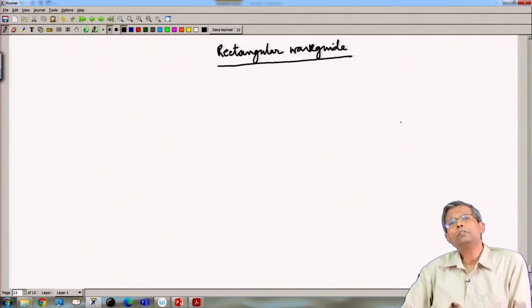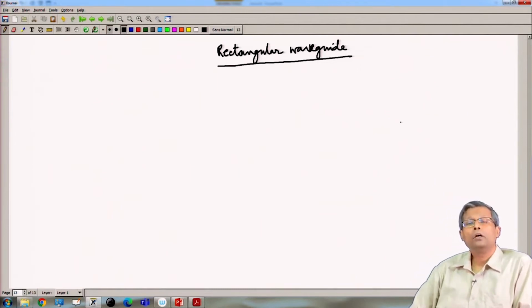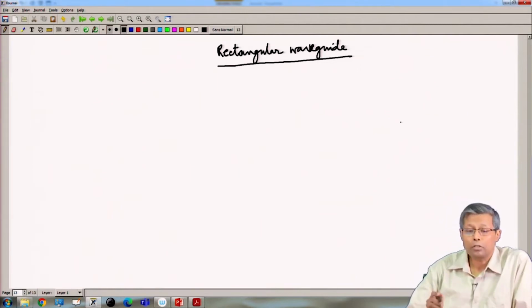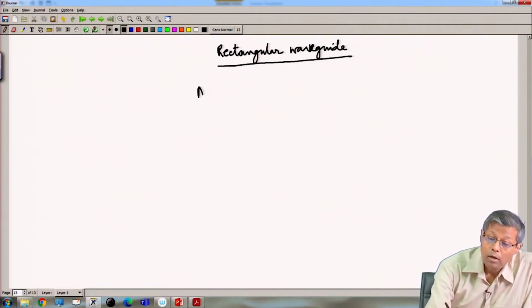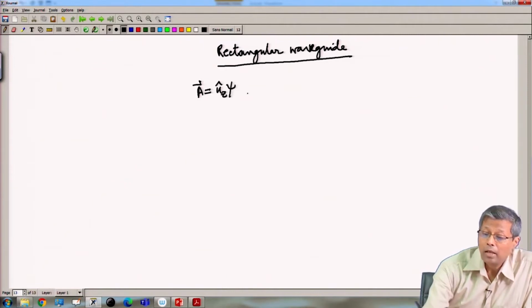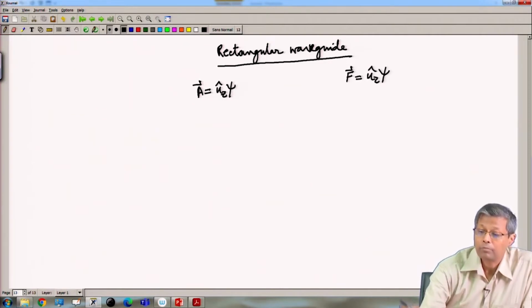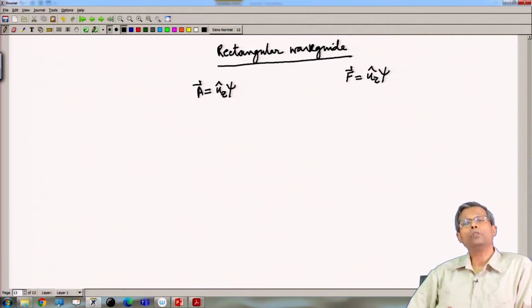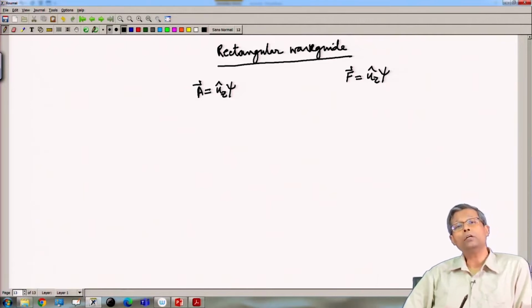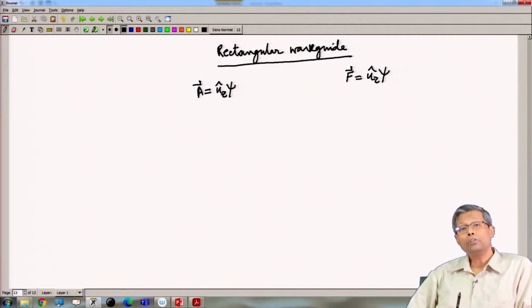We had previously constructed the electromagnetic field solutions for two cases. One, when the magnetic vector potential was A equal to u z psi, and another when the electric vector potential was F equal to u z psi. These are the two cases for which we had constructed the field solutions.